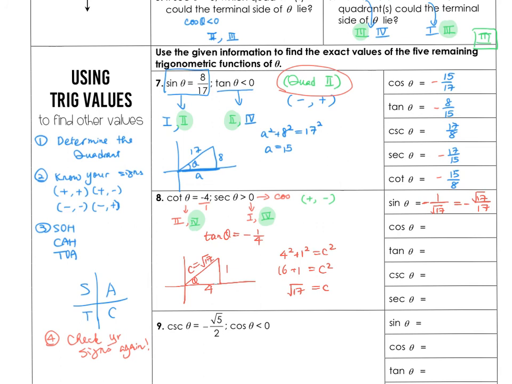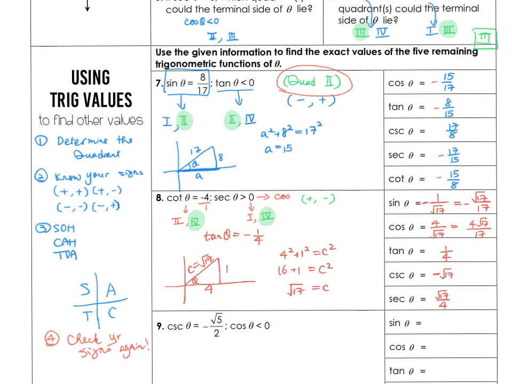But cosine is simply 4/√17. And if you don't remember how to simplify it, come and see us. And tan is 1/4. I'll check signs later. And cosecant is -17/1, which is just -17. Whoops, I put the negative there already. And secant is √17/4. So now let's look at signs.